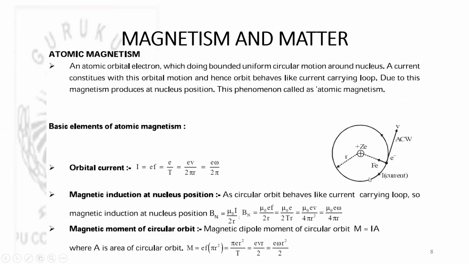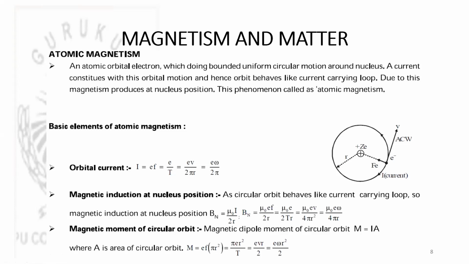So in this case, if you are considering an atom whose atomic number is Z, the nucleus will have a charge of plus Ze, and there is an electron which is moving in an orbit of radius r. In that case, the current produced due to this motion, which is the orbital current, is given by the formula I is equal to e into frequency of revolution, or it can also be expressed as e divided by the time period of revolution.